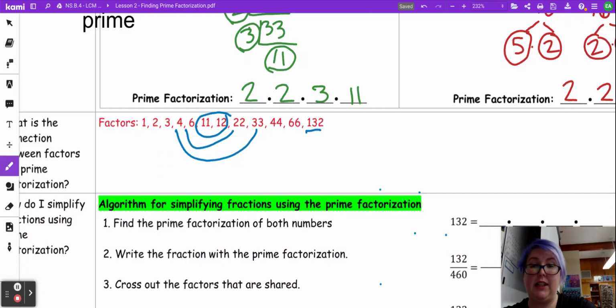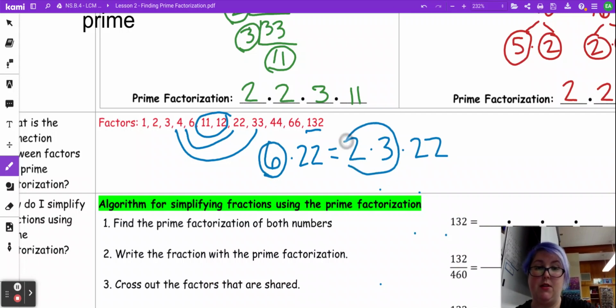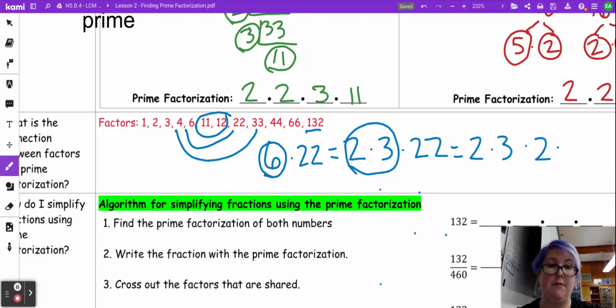So we can list 6 times 22 is the exact same as 2 times 3 times 22, right? Because we know 6 is the same as 2 times 3, and 22 can be broken down. It's still 2 times 3 times 2 times 11. Oh, look, we got the same result as our prime factorization.